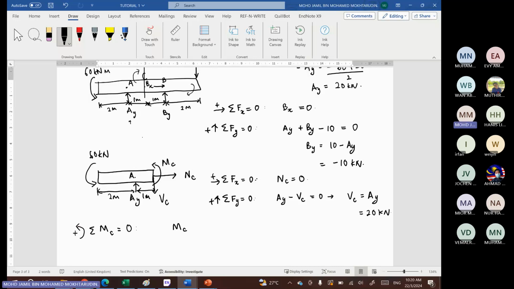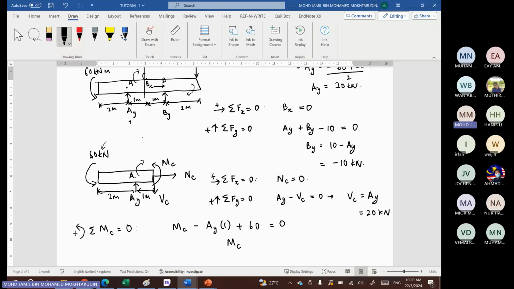And then we have AY times 1 meter from point C. And this acts clockwise. So we minus AY times 1. And then we have the 60 kilonewton moment here, which is in counterclockwise direction. Okay, so plus 60 equals 0.